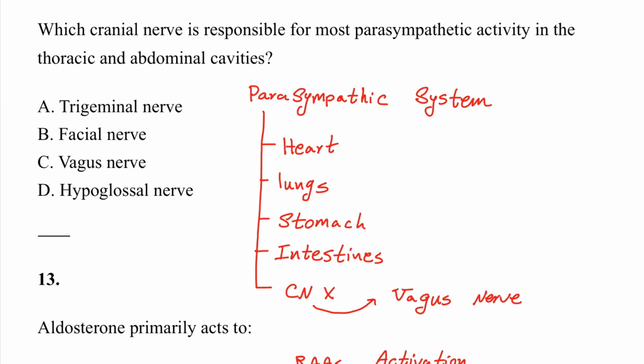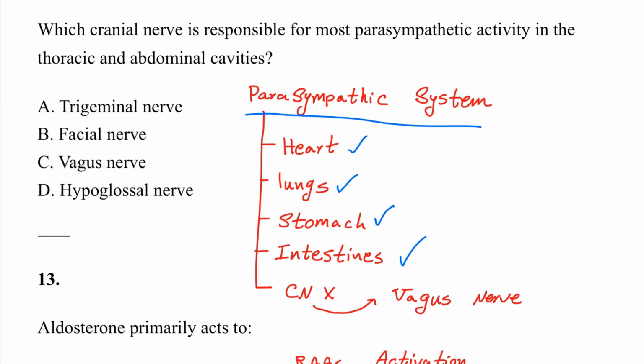So, to answer this question, think about the parasympathetic nervous system. This system is responsible for the rest and digest response. The major nerve carrying parasympathetic signals to the heart, lungs, stomach, and intestines is cranial nerve 10.